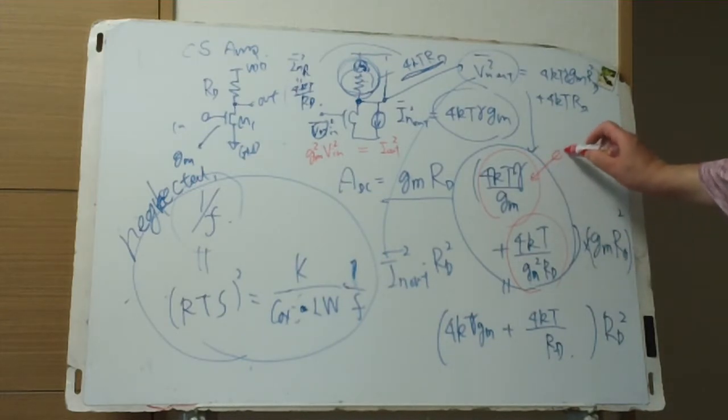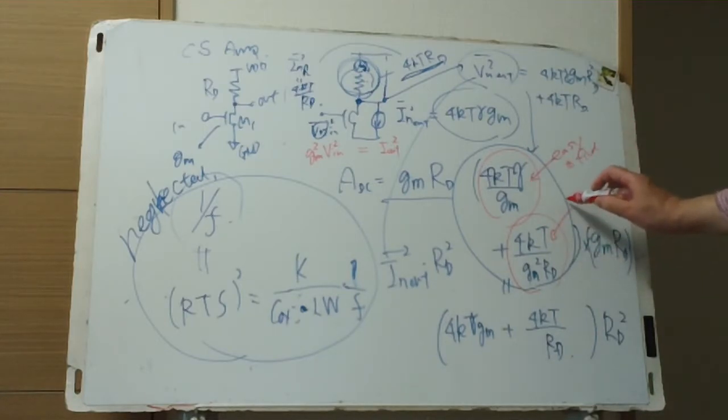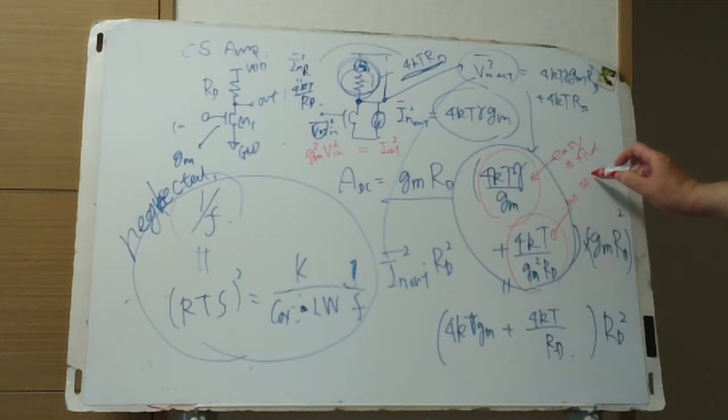It's easy to find, but not so easily found, 4kT over gm squared RD at a glance.